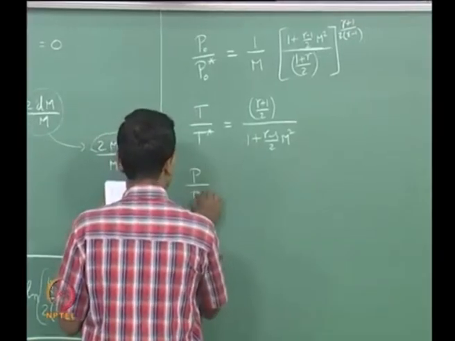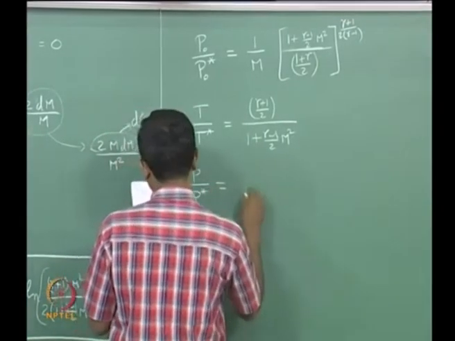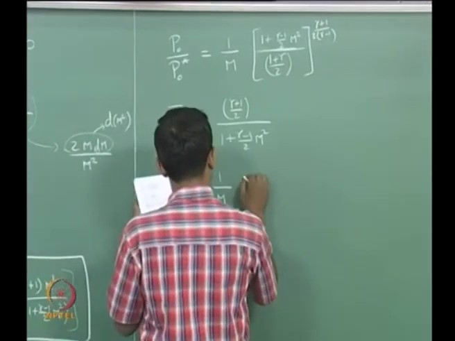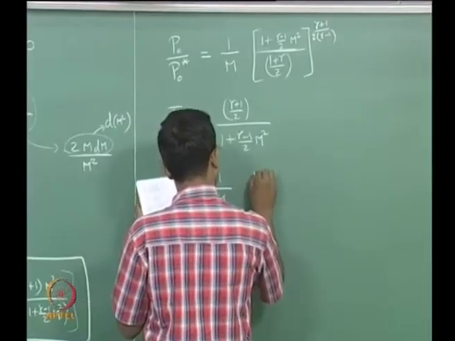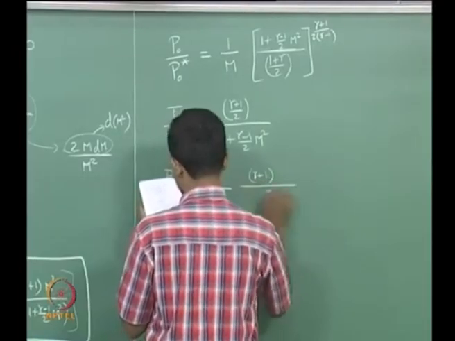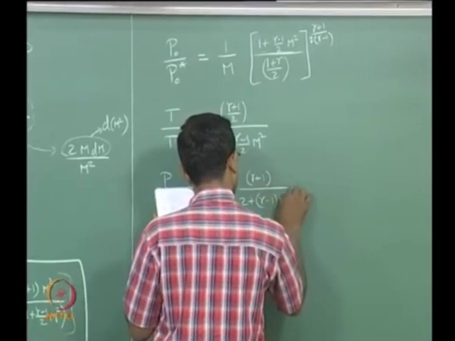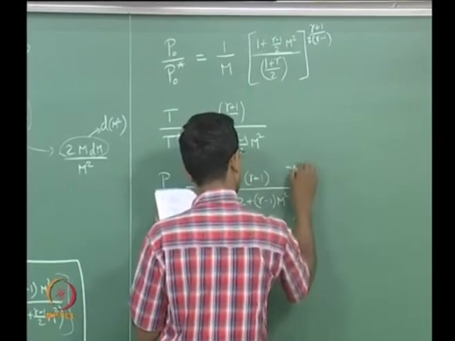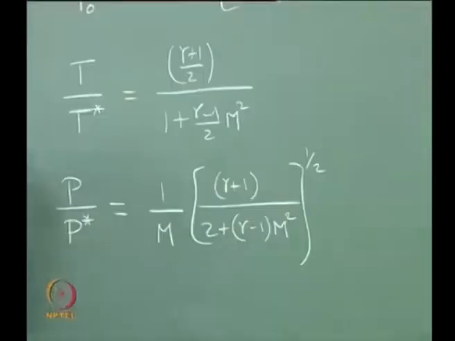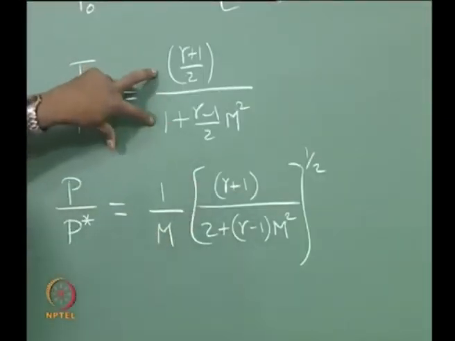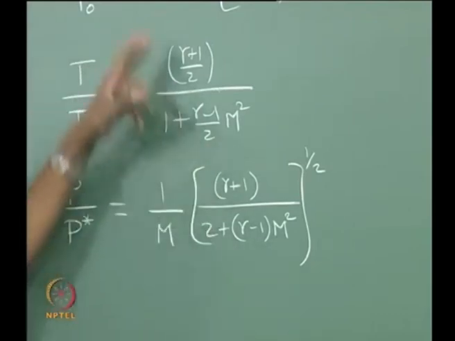P by P star. By the way, this is a similar expression as this one. I just multiplied the numerator and denominator by 2 to get to this form. It looks simpler than the previous one.